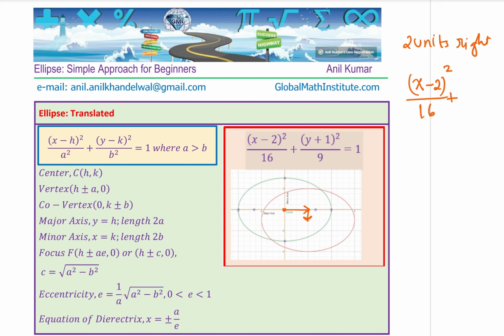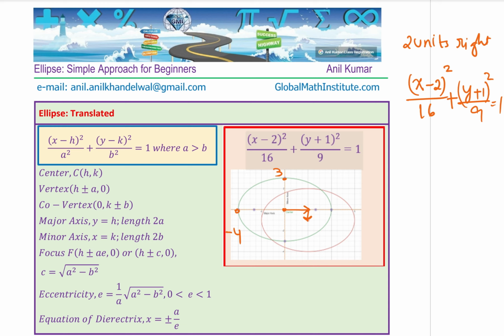So when I move 1 unit down, the y value will be minus of minus 1. So that will be y plus 1 whole square over whatever it was originally, 3 in this particular case. So in this particular example, 3 square. In this particular example, this point was at 3 and this point was at minus 4. So those give you a and b values, correct?